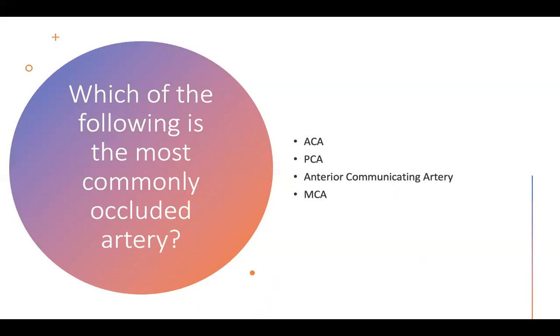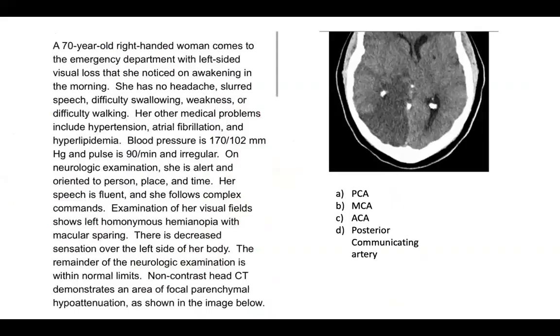C. C is anterior communicating? No, MCA. MCA. Okay. Would anyone like to volunteer to read the scenario? Or shall I read it for you? Okay, I will go on.